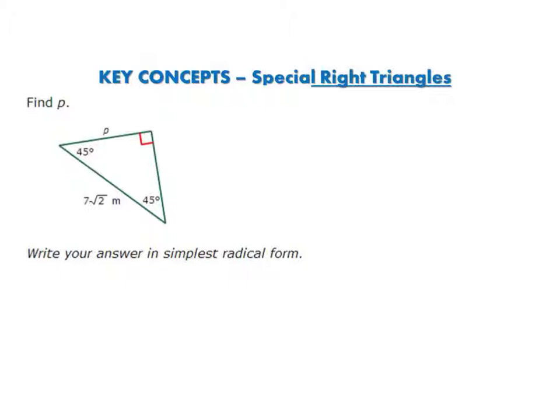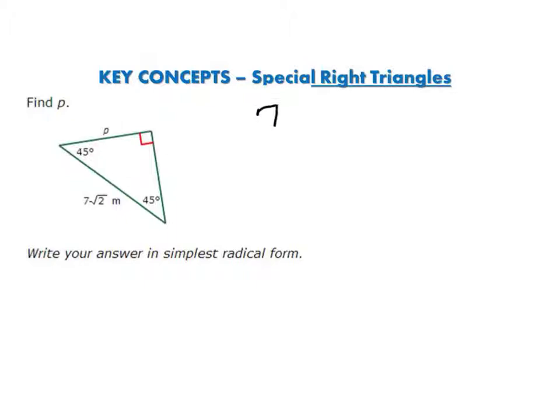This one, I'm given the hypotenuse. I need to find the leg. So, instead of multiplying by the square root of 2, I'm going to divide by the square root of 2. Now, you can put this in your calculators, but remember, you have to put it in as a fraction. You cannot put it in as a division problem or you'll get the wrong answer.